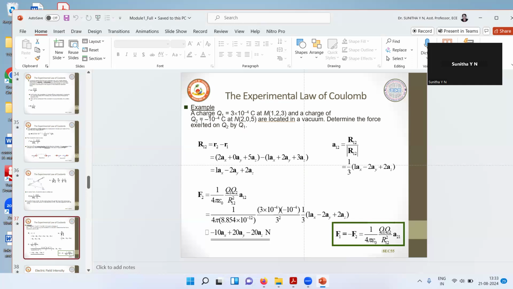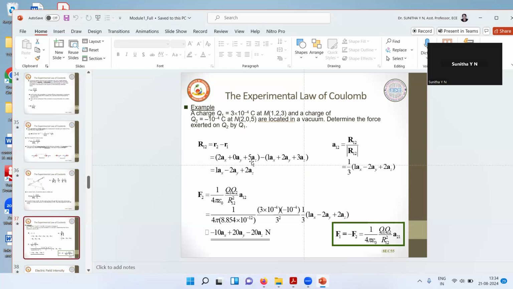And for charge Q2, where it is located is given in Cartesian form of representing a location, that is 2, 0, 5. That means X coordinate is 2, Y is 0, Z is 5. So they have given the location of Q1 and the location of Q2. You can construct vector R1 and vector R2.